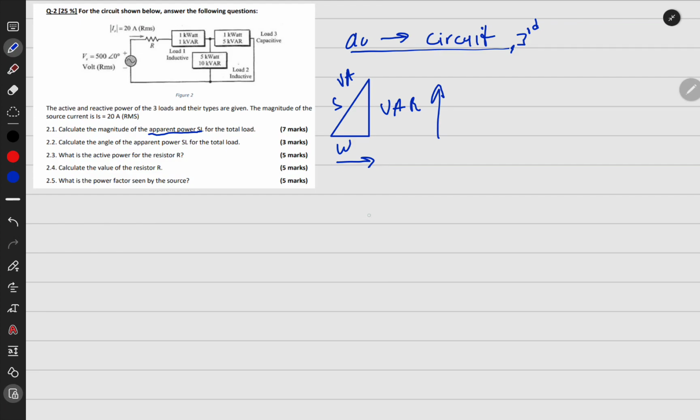To calculate the load, we add everything here.